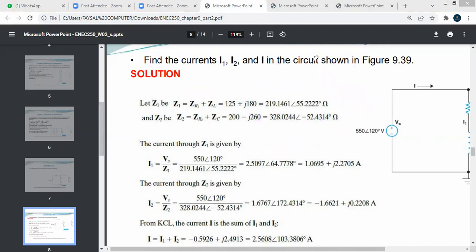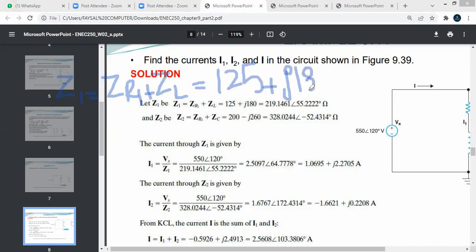So for this system, Z1 will be equal to ZR1 plus ZL. The sum of ZR1 and ZL equals 125 plus j polar 180.